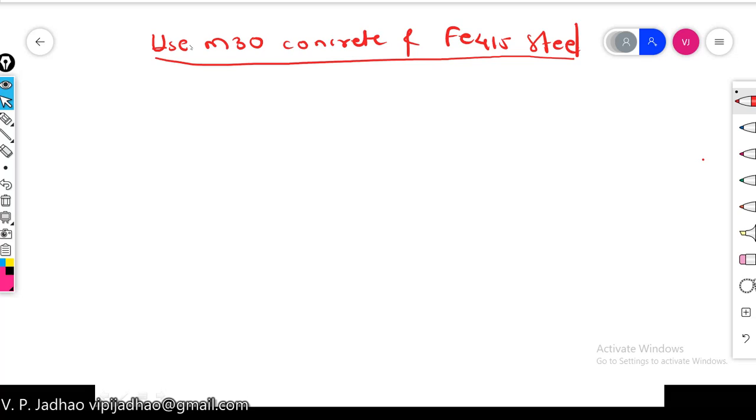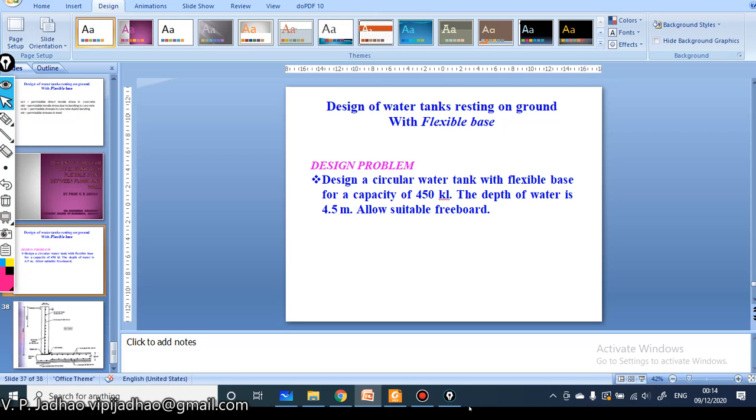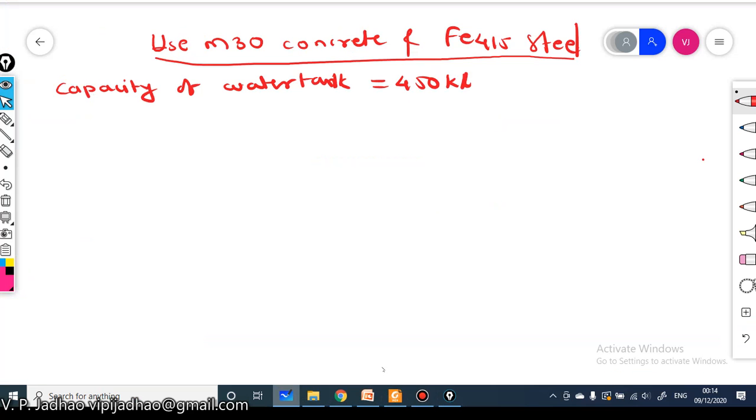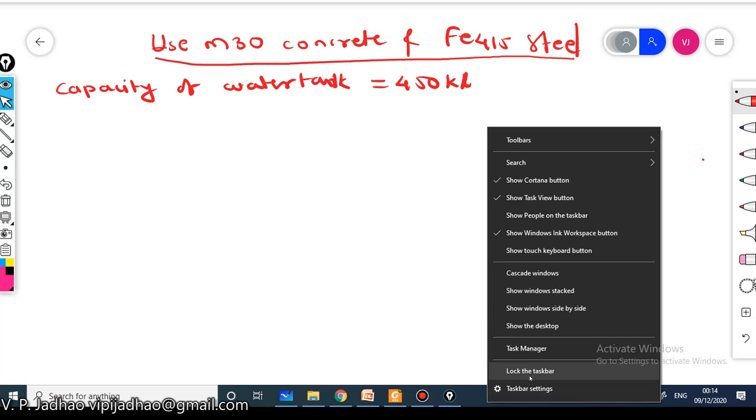We have the capacity of the water tank as 450 kiloliter.